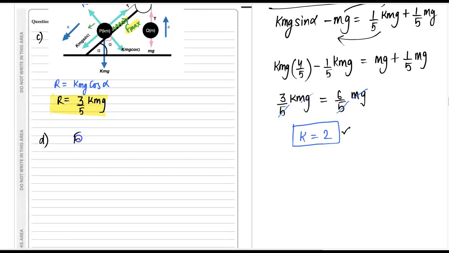So we know that F max is equal to mu R. R is already done. So mu and R is 3/5 of kmg. Correct? So this is what F max is.